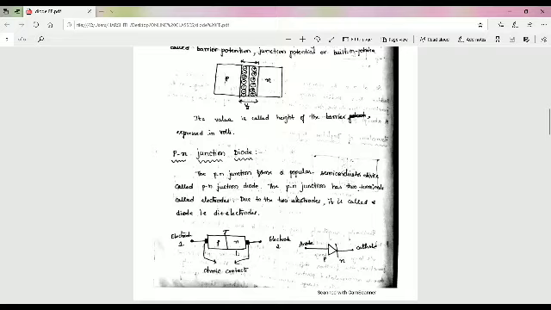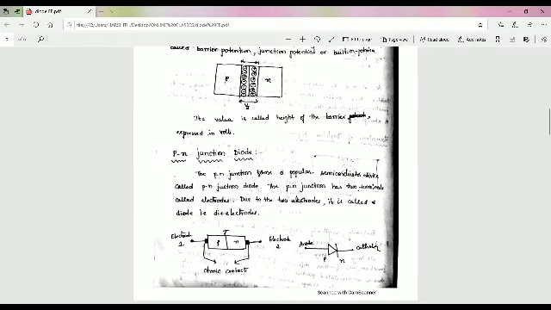Thus, ohmic contacts are used to connect the N-type and P-type regions to the electrodes. The P region acts as the anode, while the N region acts as the cathode.